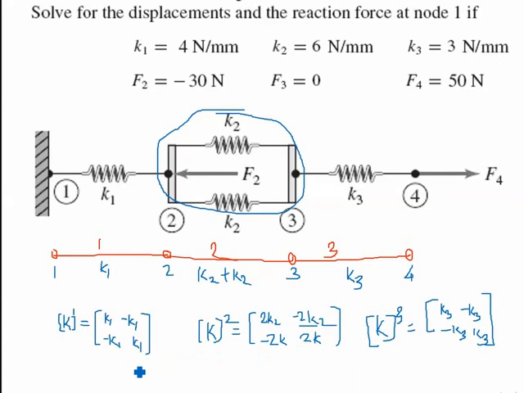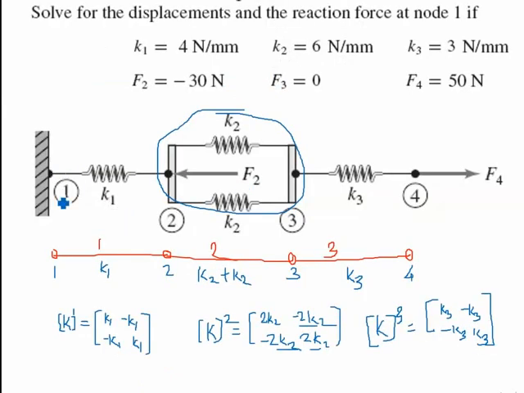Third row: 0, minus 2K2, 2K2 plus K3, minus K3. Fourth row: 0, 0, minus K3, K3. Correct. Now you see this one.